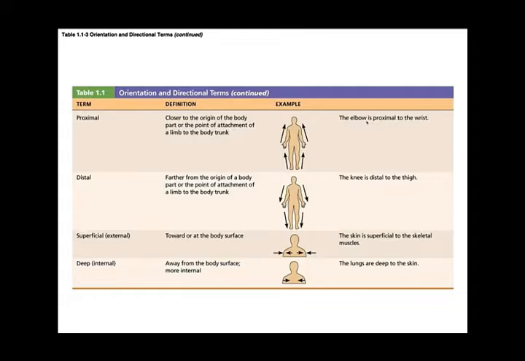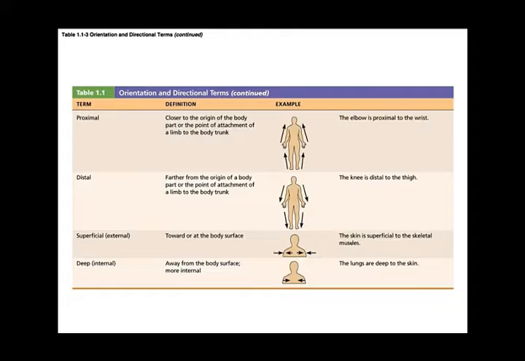Now for examples of proximal, we can say that the elbow is proximal to the wrist, because your elbow is much nearer to your shoulder joint. And when we talk about distal, we can say that the knee is distal to the thigh.